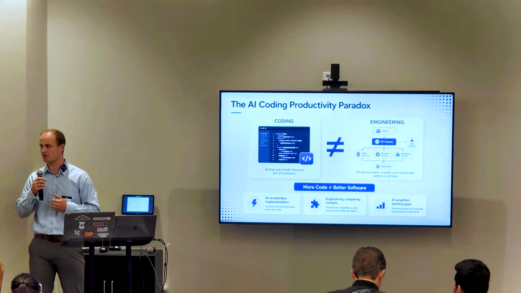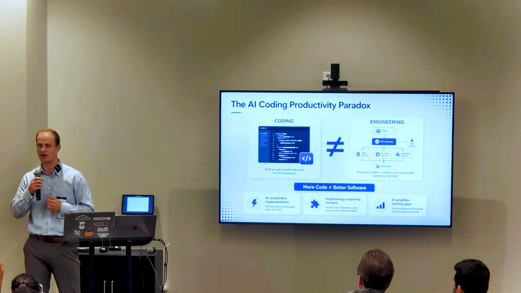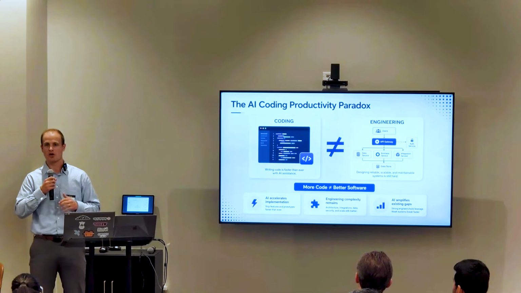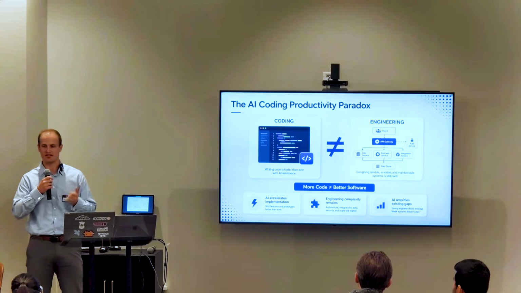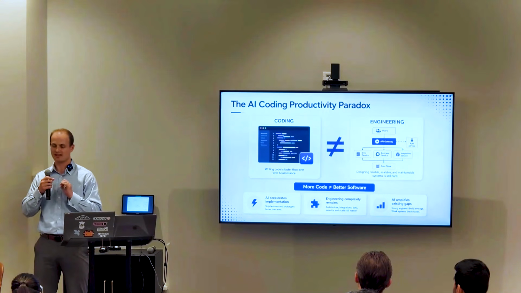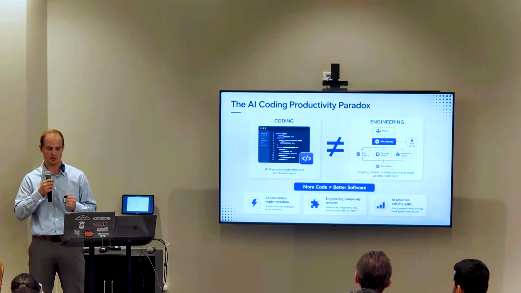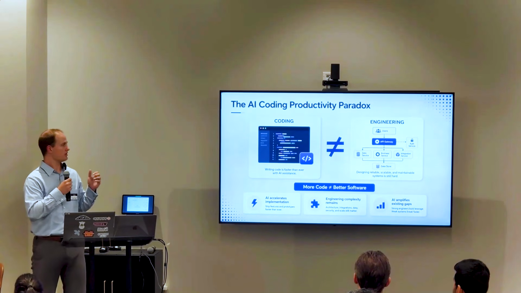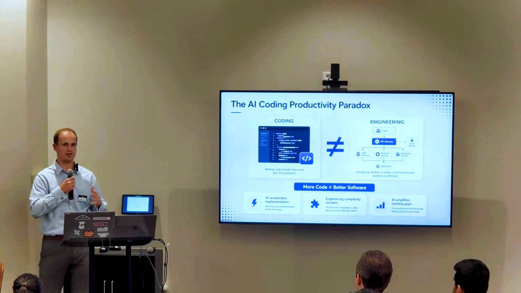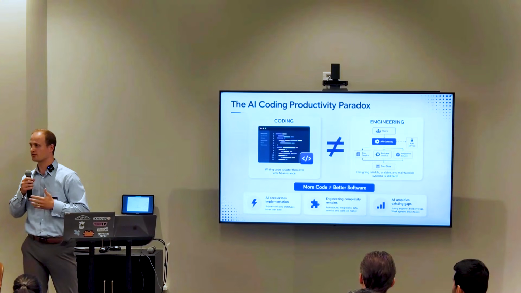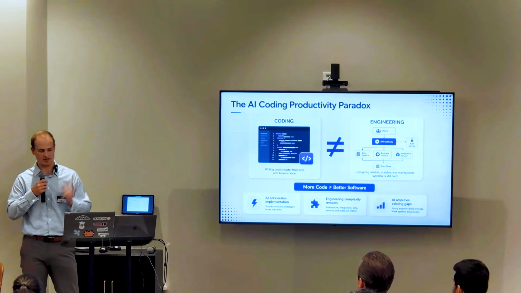But now I don't know many developers who aren't using it in some way, right? However, one thing we've seen is that although we're generating code faster, that doesn't necessarily translate into more production level software. And so the code generated is increasing a lot, but the increase of this production grade software isn't growing at the same rate.